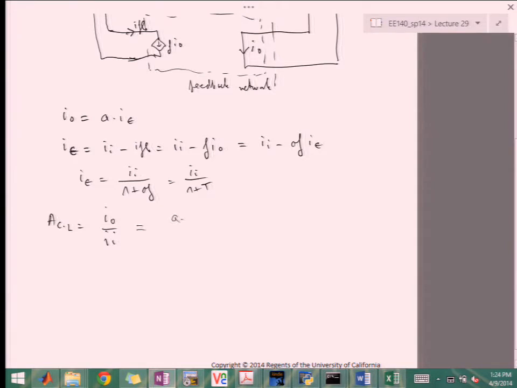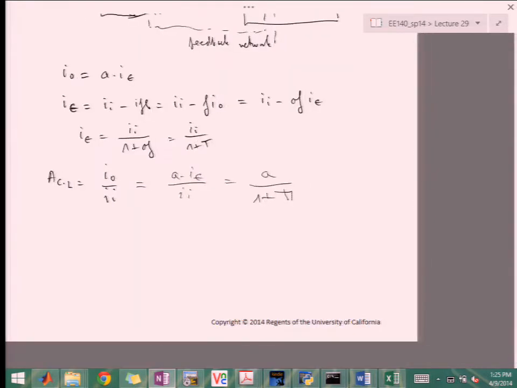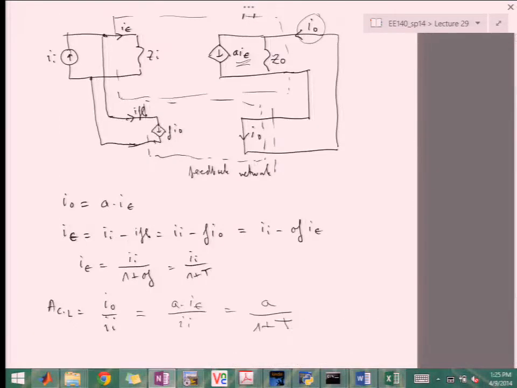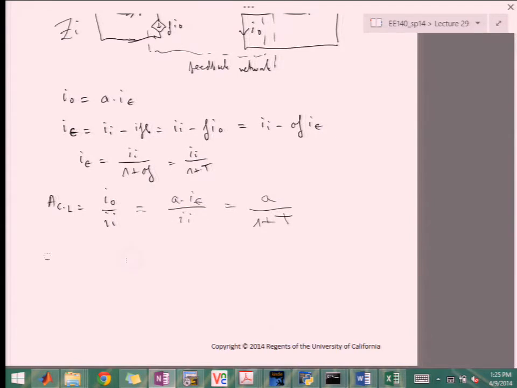So it's A times IE over II, and in this case, A over 1 plus T. If we look at ZI, ZI is the same as in the previous case. So shunt ZI will be small zi over 1 plus T.